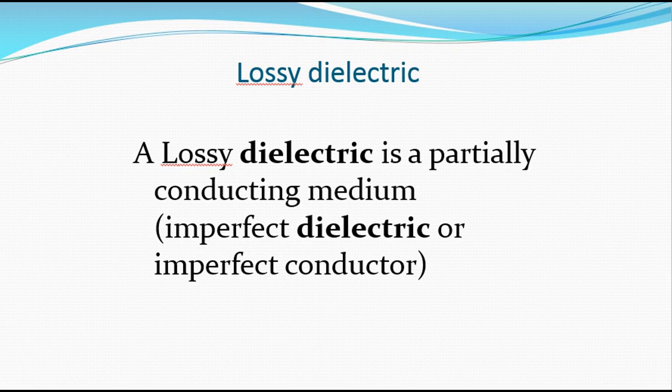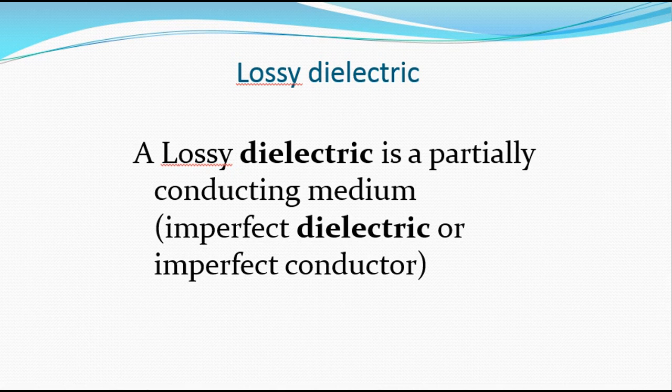Now, this lossy dielectric is just an imperfect conducting medium. It's not the perfect conducting medium. It's an imperfect dielectric, or you can also call it an imperfect conductor. It's not the perfect aspect of it, and that is why it is called lossy dielectric.